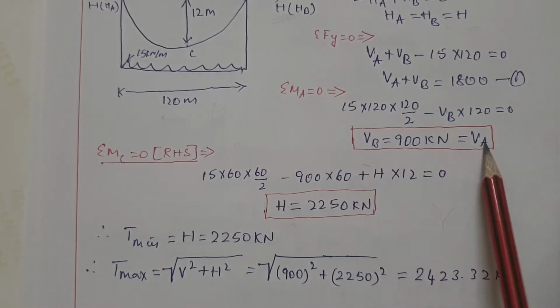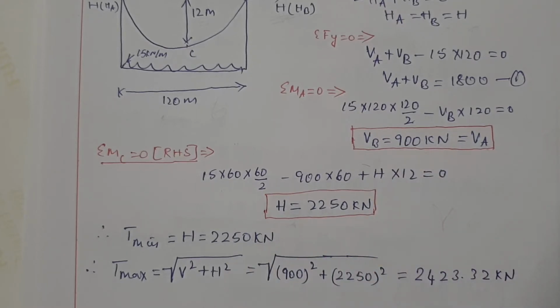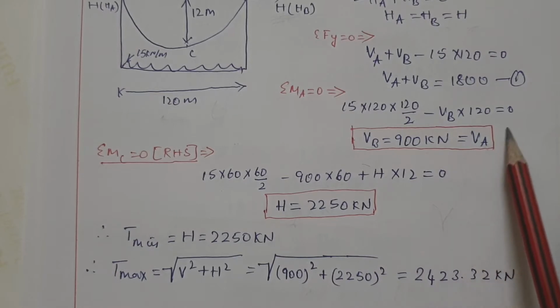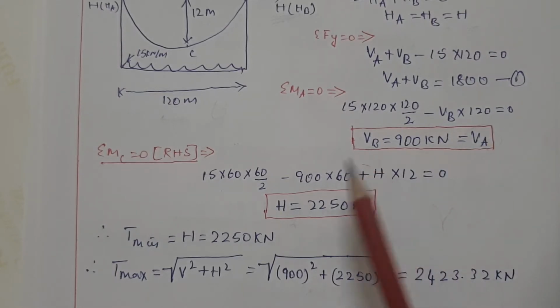Here VA and VB are one and the same, so we are considering that one as 900 only. If VA is, imagine, 1000, then we have to consider VA instead of VB. That is the maximum value you have to consider. So it is 900 plus the H value, which you know. Substitute here and you will get the maximum tension.